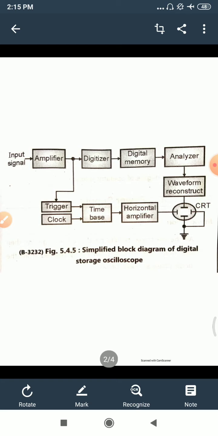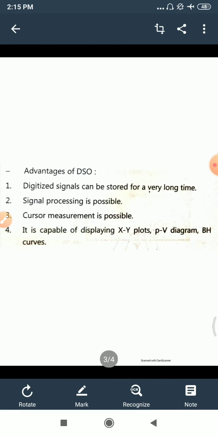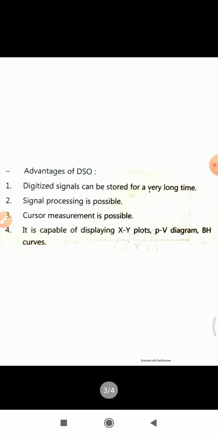After this we have the advantages of DSO, that is the digital storage oscilloscope. First one is that the digitized signal can be stored for a very long time. The very first advantage is that it stores the waveform in digital form.